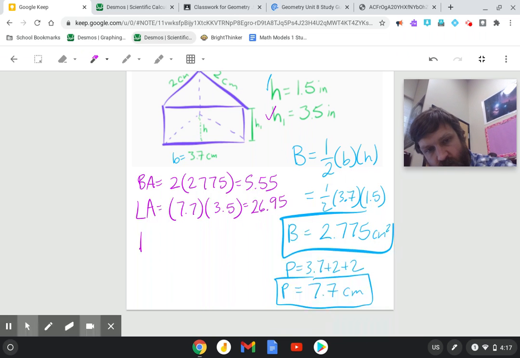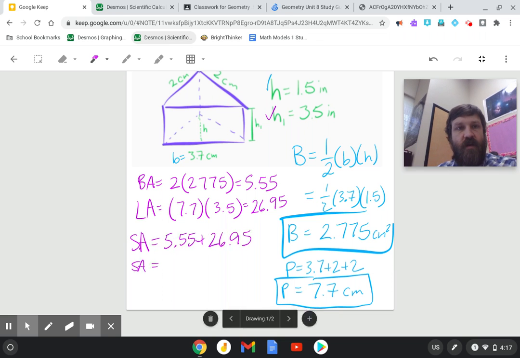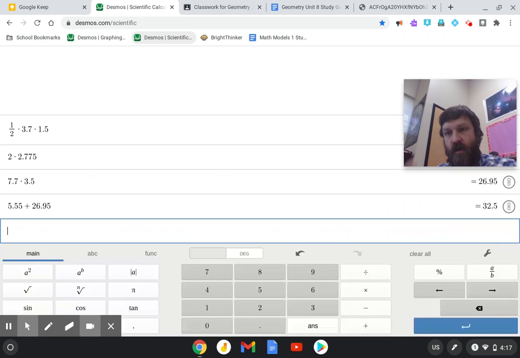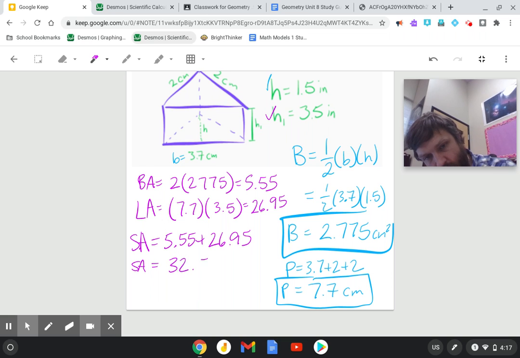And then for the total surface area, we need to add those two numbers together. So we're going to add 5.55 plus 26.95, and we get 32.5 centimeters squared.